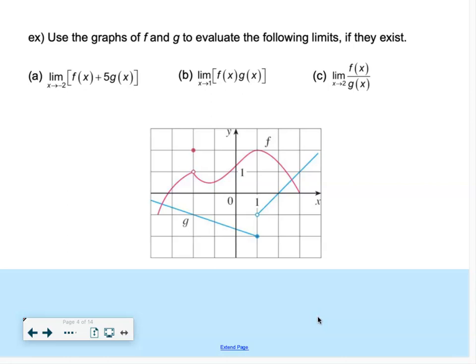We were thinking that since G of X, when the G of X limits this, yeah.